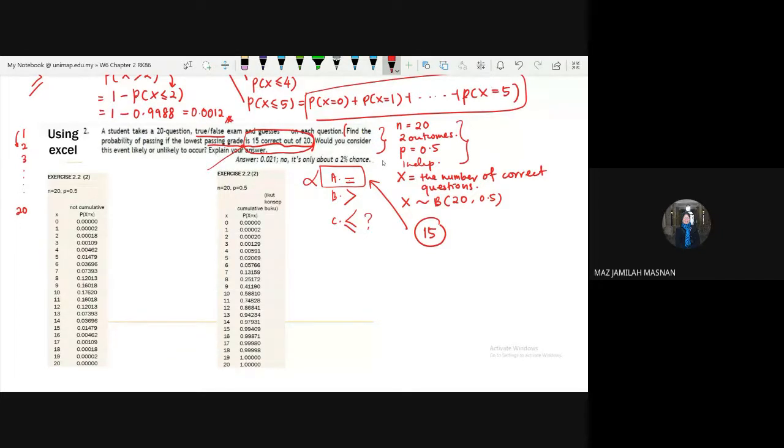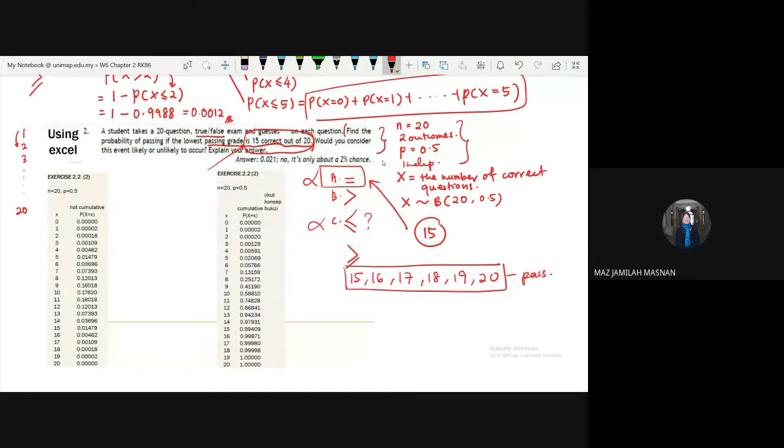So A cannot be right, because of course we are looking for greater than. B is also wrong. So it should be greater than or equal to. Because if you get 15 or 16 or 17 or 18 or 19 or 20 correct, it means that if you got any of these values, you will be considered as pass.